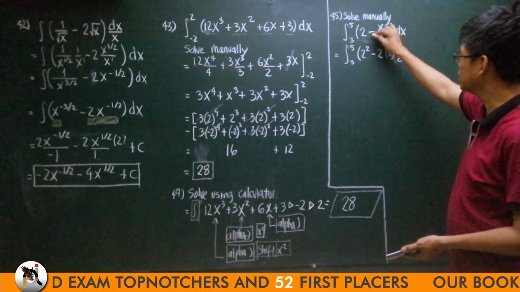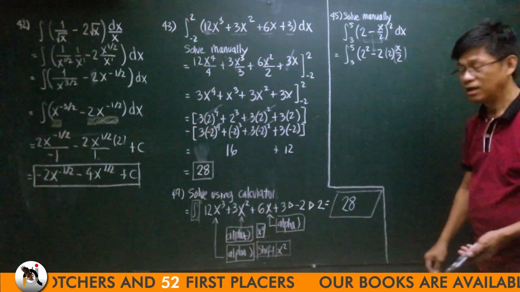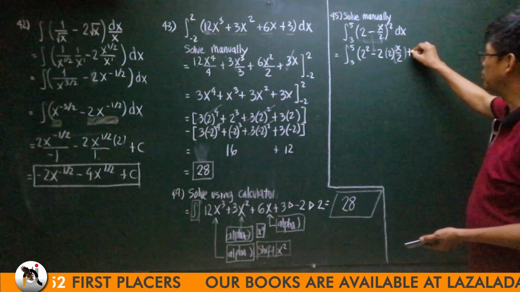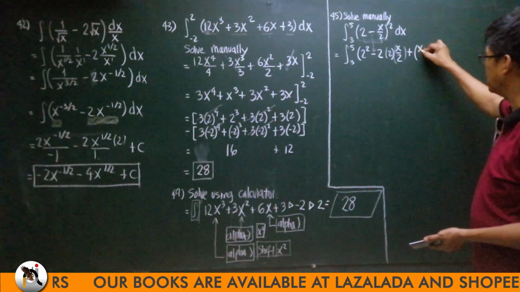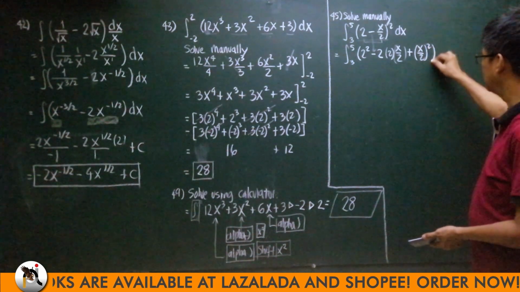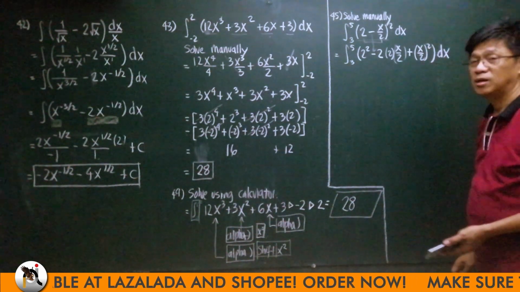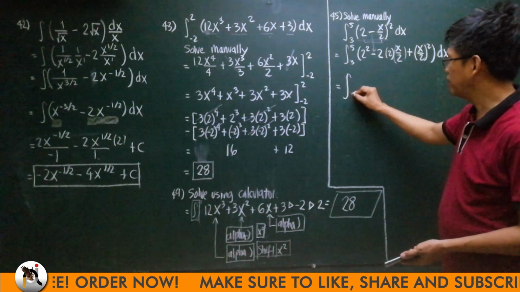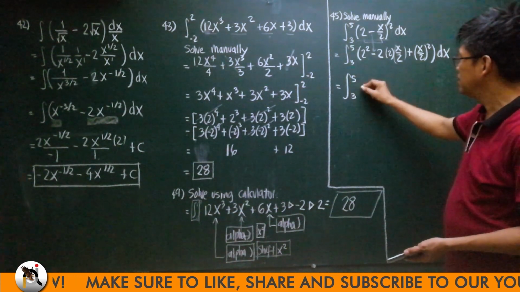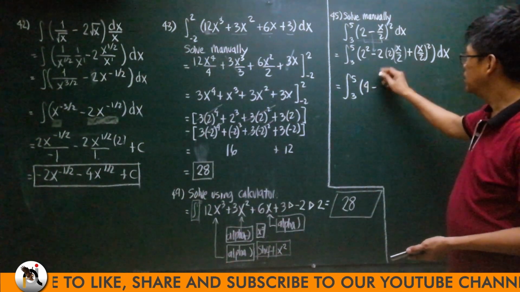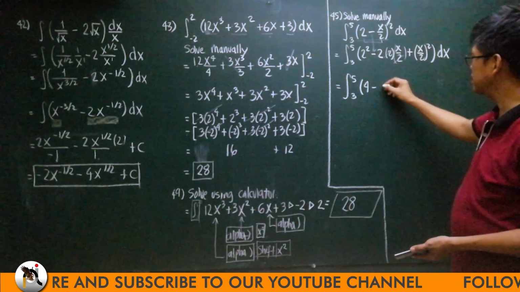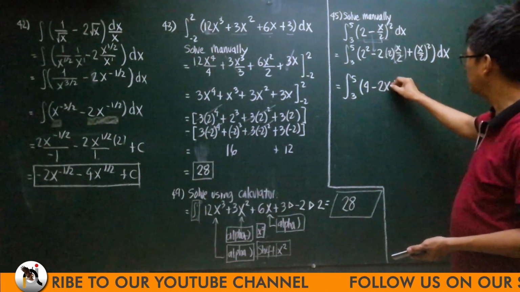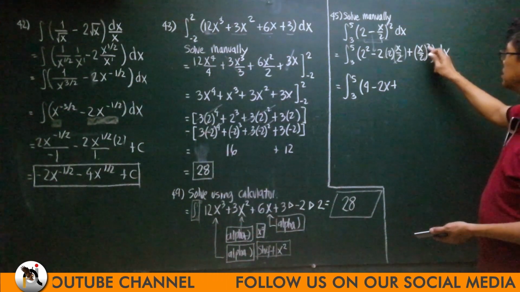This is minus, to copy the middle sign, plus the square of the second, that is x over 2 squared, dx. We simplify first, so this is going to be the integral from 3 to 5 of 4, this and this will cancel, so minus 2x plus x squared.